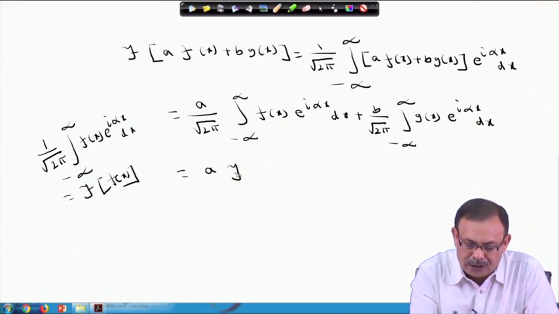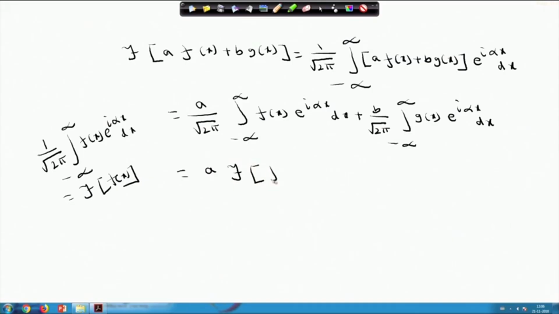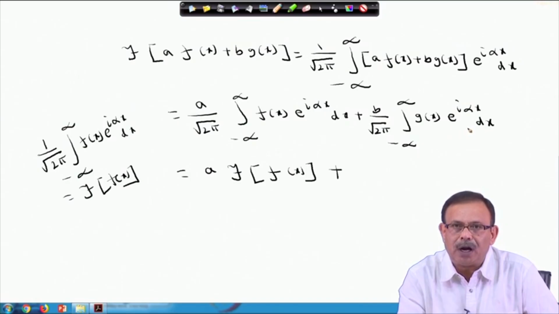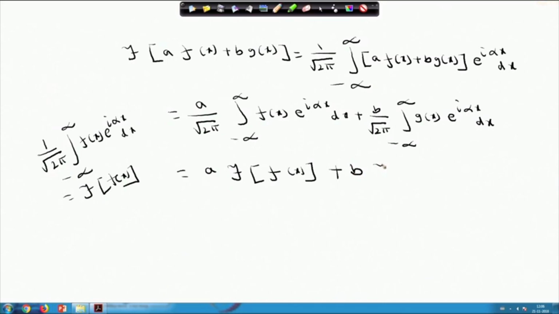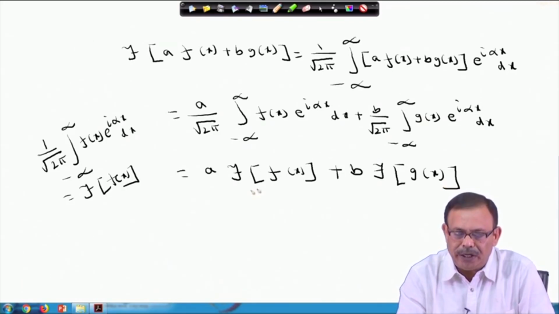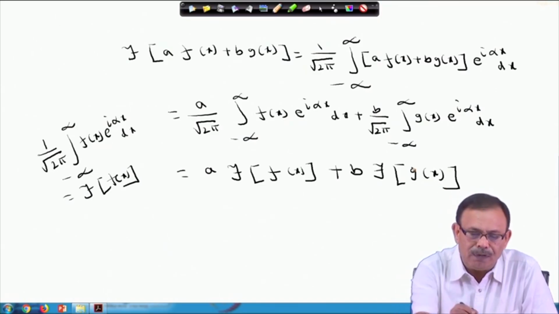So, I can write it as a into Fourier transform of f x. Similarly, if you see the second integral, here also 1 by root 2 pi, integral from minus infinity to infinity of g x into e power I alpha x dx, which is nothing but the Fourier transform of g x. So, you can write b into Fourier transform of g x. So, this completes the proof of the first part, that Fourier transform of a f x plus b g x equals a into Fourier transform of f x plus b into Fourier transform of g x.